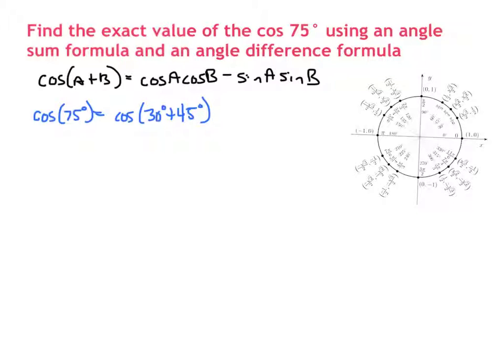So there's my angle A and B, 30 and 45. So to evaluate this, I would say, okay, that's the cosine of 30 degrees times the cosine of 45 minus the sine of 30 degrees times the sine of 45.